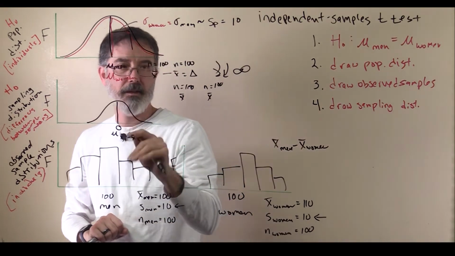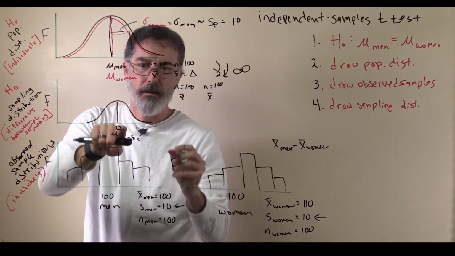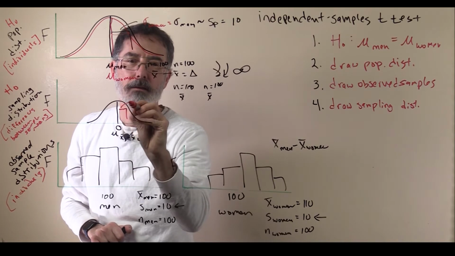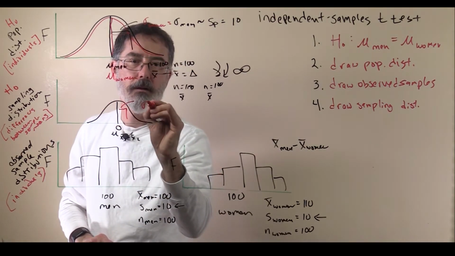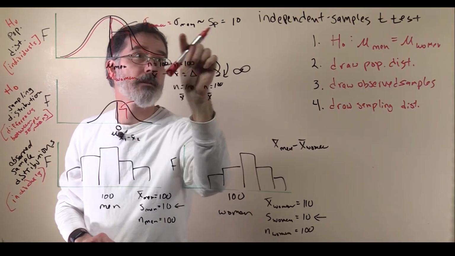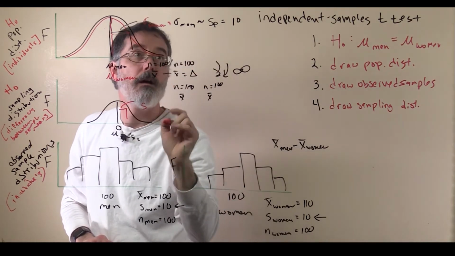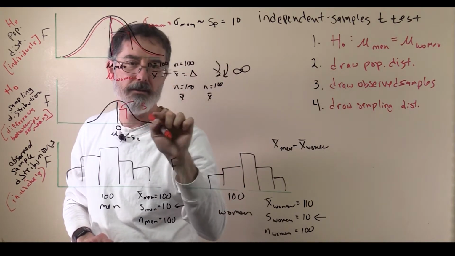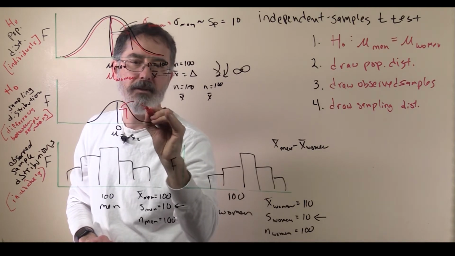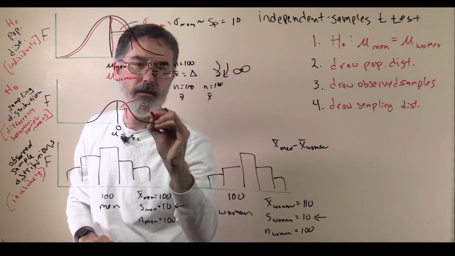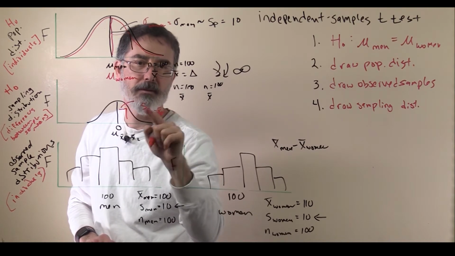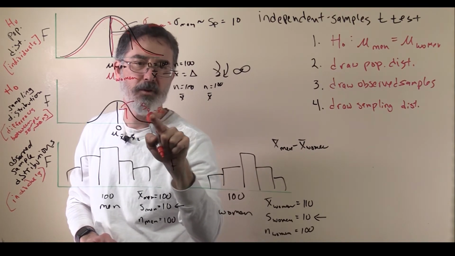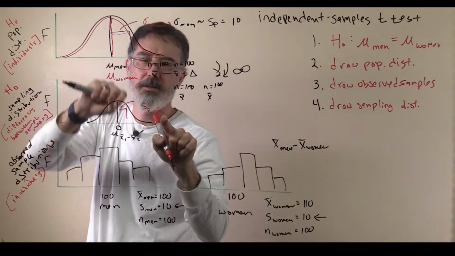And then next we have to calculate the standard error, the standard deviation of this distribution. So it's going to be based on our sample mean, so I'll put an S here, and this is going to be the standard deviation or the standard error of men minus women. So this is the standard deviation of the differences between the means of men and women's samples.